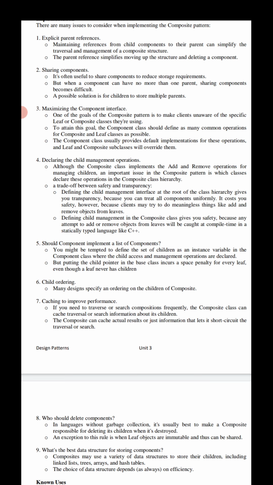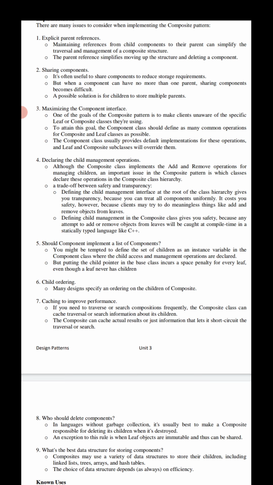The first thing is explicit parent references. Explicit parent references, in the sense, the parent reference also helps to support the chain of responsibility pattern. How? They maintain references from child components to their parent class. It can simplify the traversal and management of a composite structure.